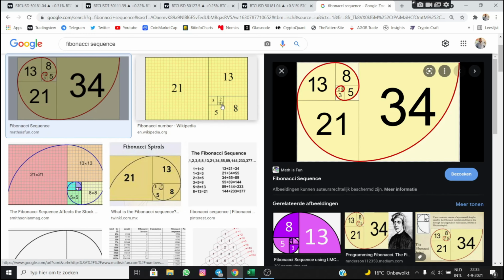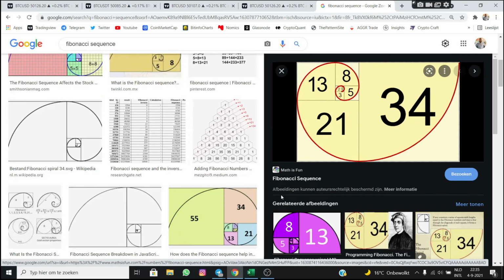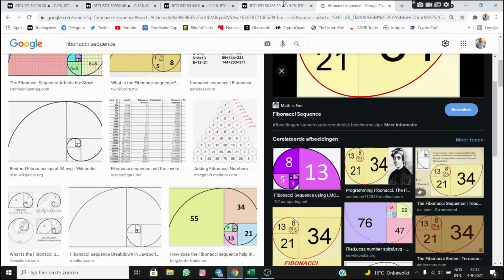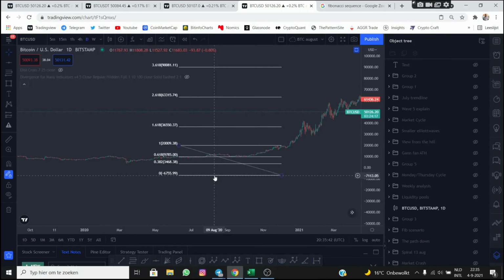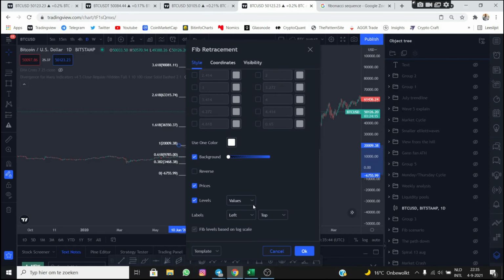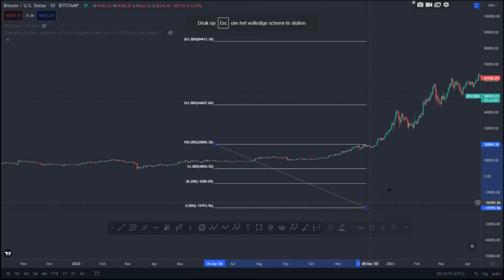It starts with 1, 1 plus 1 is 2, 1 plus 2 is 3, 2 plus 3 is 5, 3 plus 5 is 8, etc. So if you use the mathematical formula, you'll end up with these numbers.